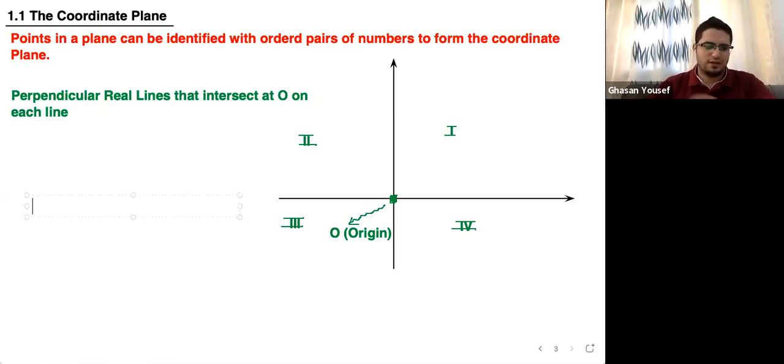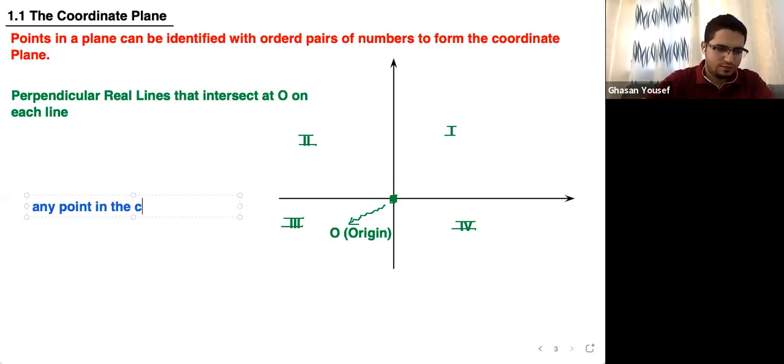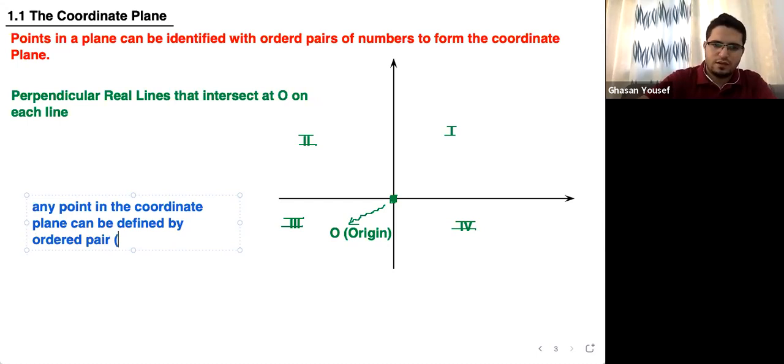So, any point in the coordinate or Cartesian plane can be defined by an ordered pair (x, y), or (a, b).